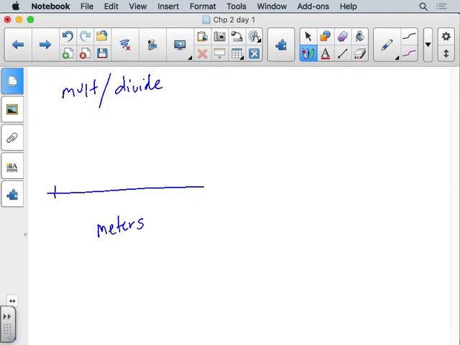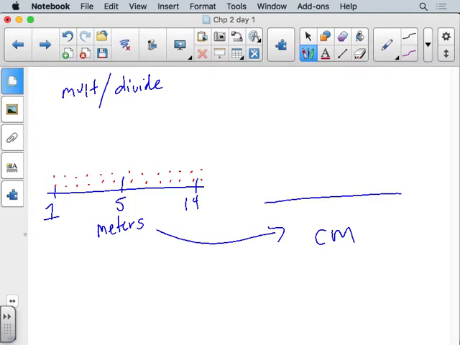My lowest number was like 1 meter, and then I had 5 meters, and my biggest value was 14 meters, whatever. And maybe this graph was kind of uniform. Maybe it kind of looked like this. I'm just making it up, so why not? Okay, let's say I converted my data to centimeters. So now my new graph is in centimeters.